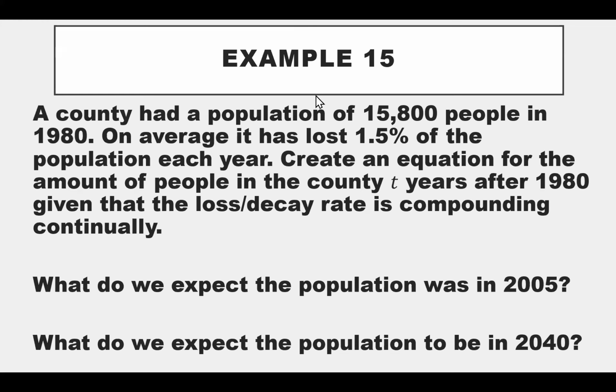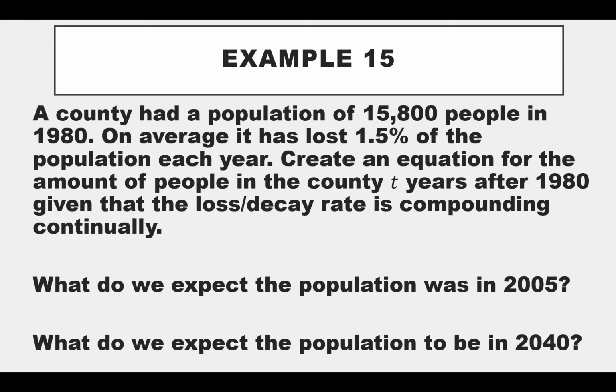Let's do another example of population change, but this time we'll throw in a couple of little curveballs. This says a county had a population of 15,800 people in 1980. On average, it has lost 1.5% of its population each year.